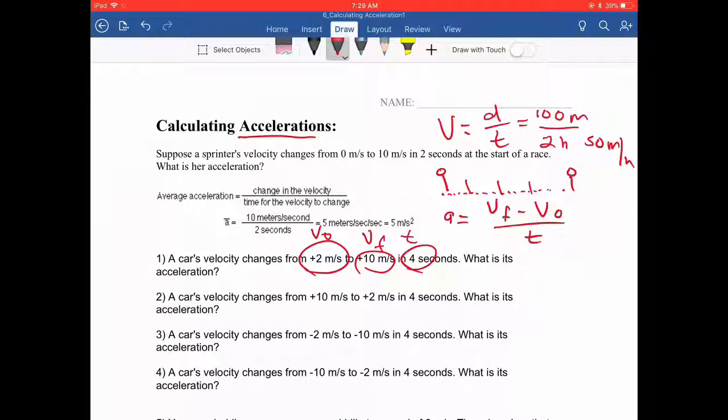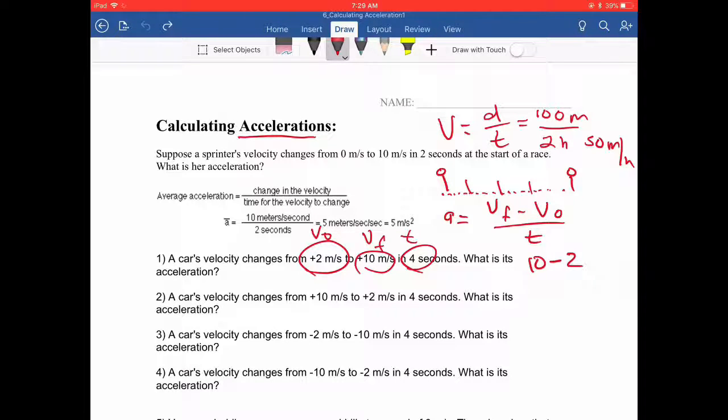So we'll just plug those values into the formula. So it's 10 minus 2 divided by 4. And that's 8 divided by 4, or just 2. And the units is meters per second squared, but it's a positive 2, so it's accelerating.